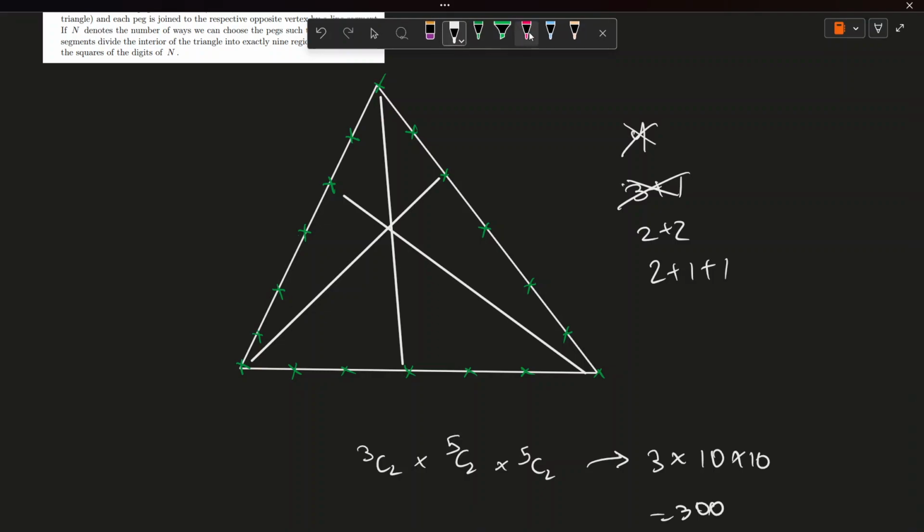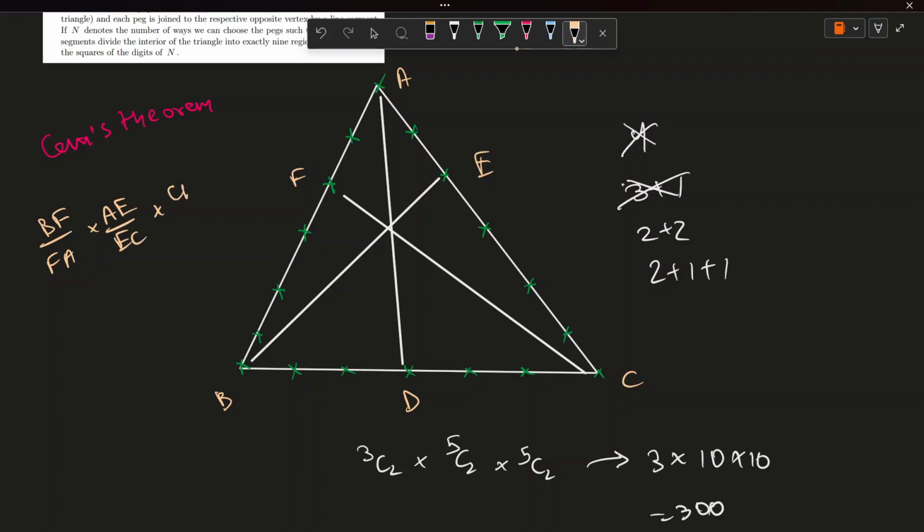If you don't know Ceva's theorem, it says that suppose we label the points as A, B, C, D, E, F. If BF by FA into AE by EC into CD by DB equals 1, then these three lines are concurrent.